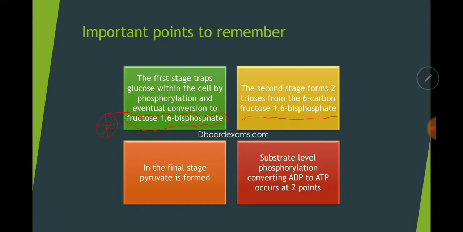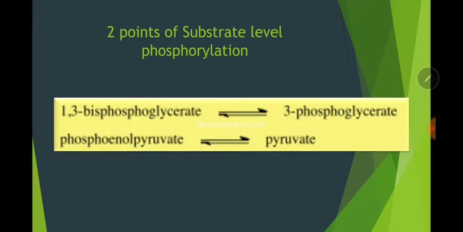Substrate level phosphorylation, converting ADP to ATP, occurs at 2 points, and we're going to review that. One point is the conversion of 1,3-bisphosphoglycerate into 3-phosphoglycerate.